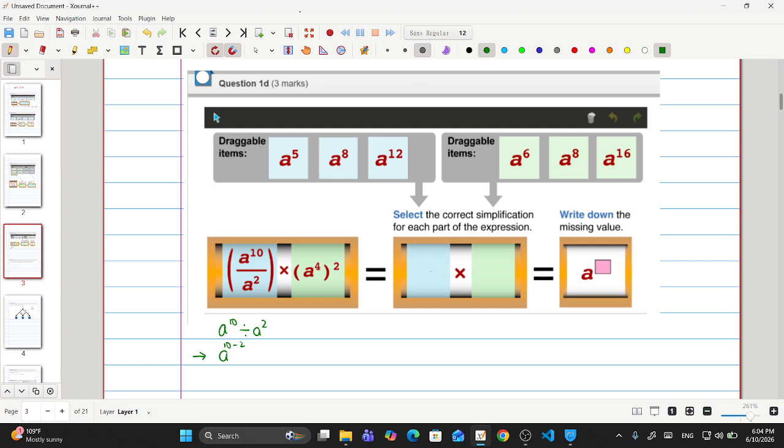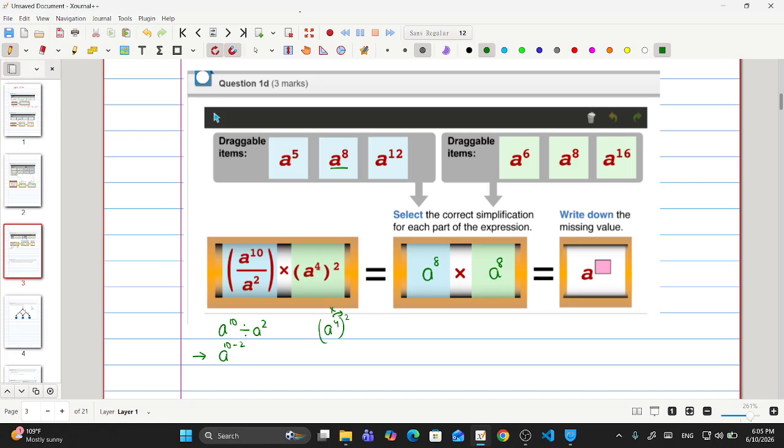So this leaves you with a raised to the power of 8 here, right? And a raised to the power of 4 whole squared. Okay, so when I was teaching you all indices, I told you that whenever there is a power within a power, both of the powers are going to multiply with each other. So this leaves you with a raised to the power of 8.